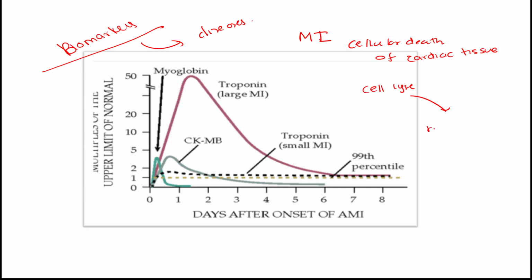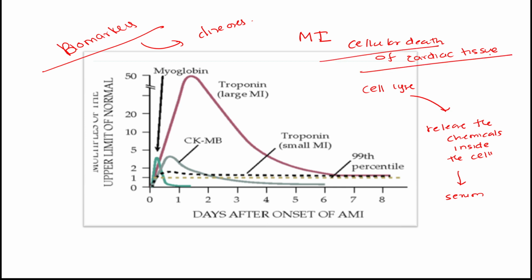So it will release these chemicals inside the cell. Now this moves into the blood, to the serum. If we can identify the presence of these chemical constituents in the serum, we will know that there is a possibility that this specific cell has undergone some sort of a trauma or an injury.